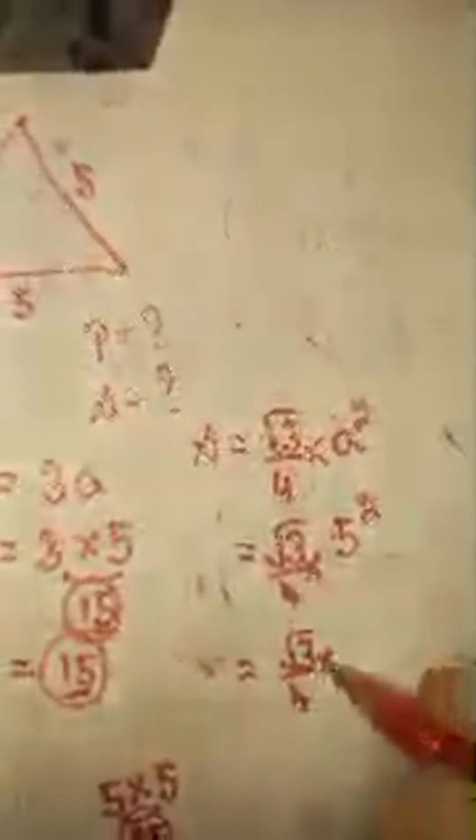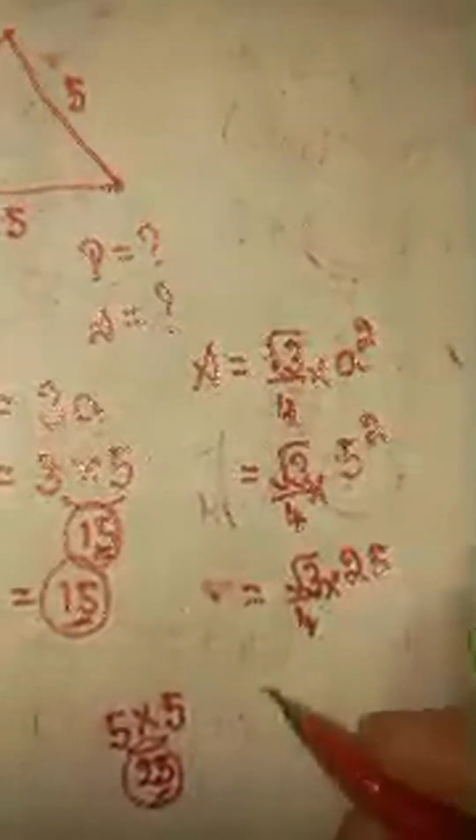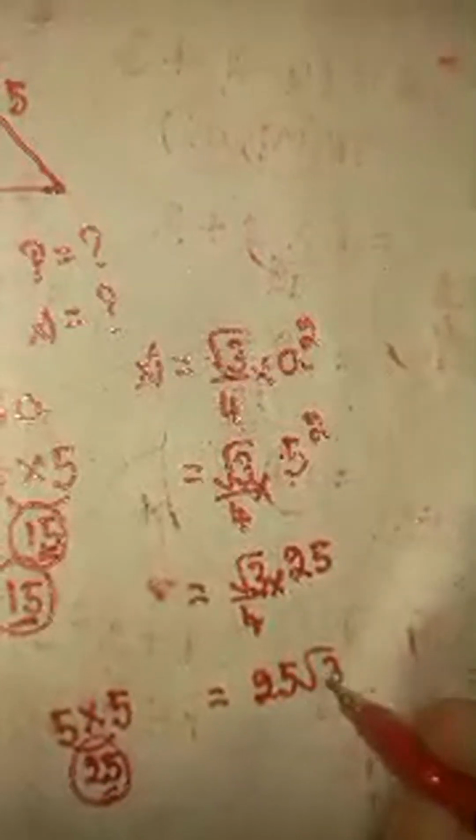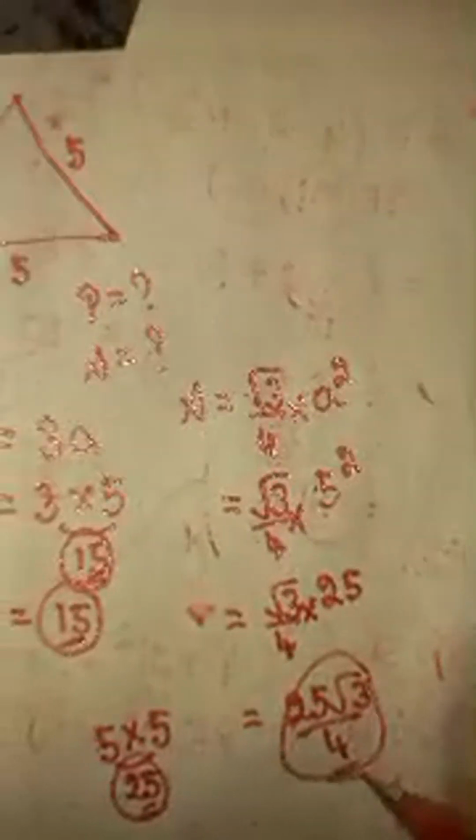So it becomes root 3 by 4 times 25. You cannot divide 4 and 25, so multiply 25 times root 3. 25 root 3 by 4 square units is the area of this triangle.